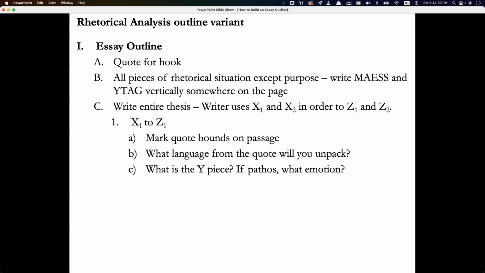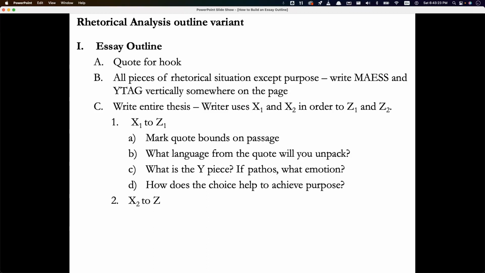Is it ethos, pathos, or logos? If it's pathos, specifically what emotion is the author's language trying to evoke, or what is the author trying to make you feel in that passage? And then how does the choice help you to achieve your rhetorical purpose? So you need to tie back to the Z piece effectively in that last bit.